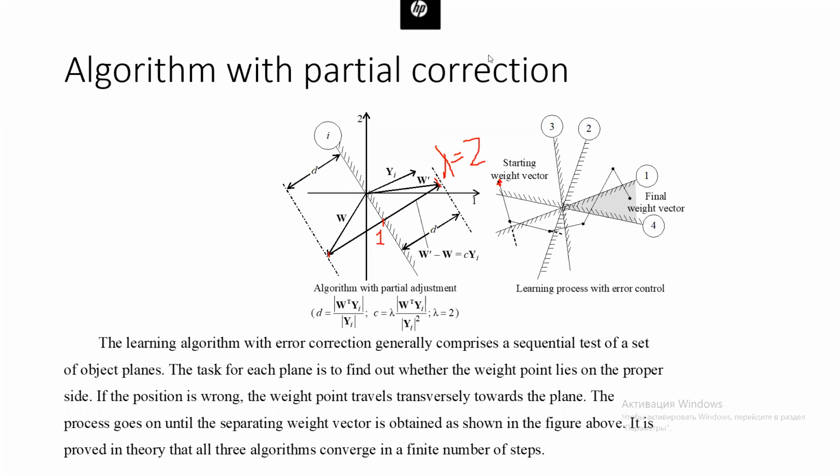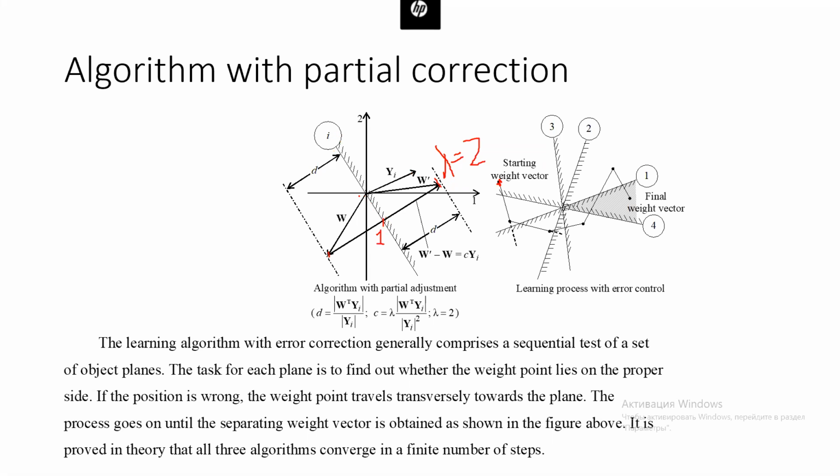Could you maybe write the question? Weight vector moving, only weight vector.